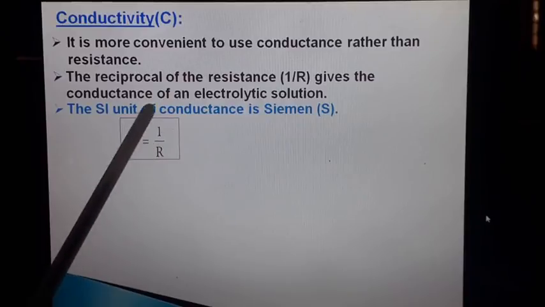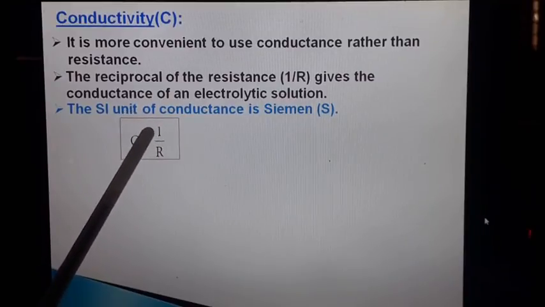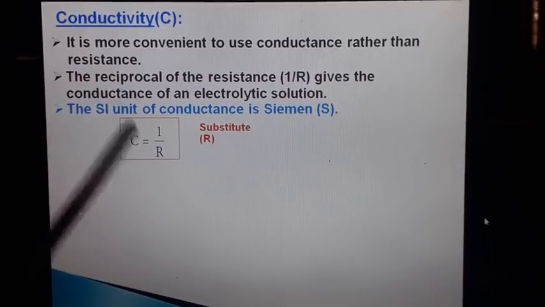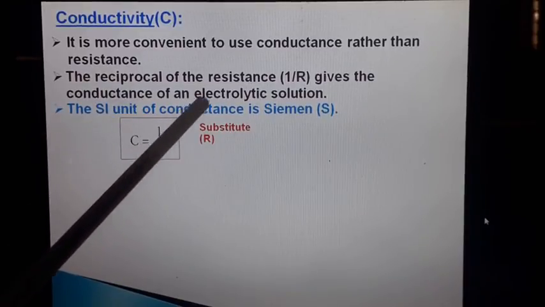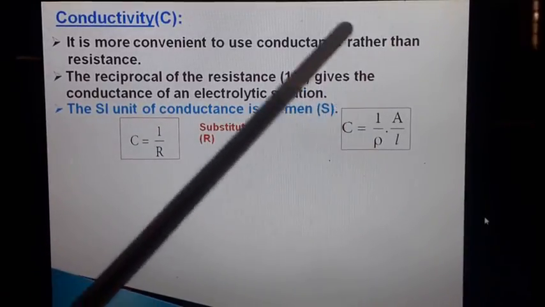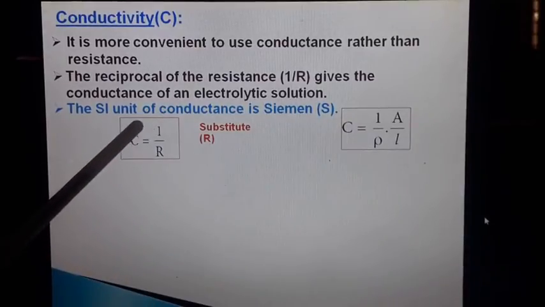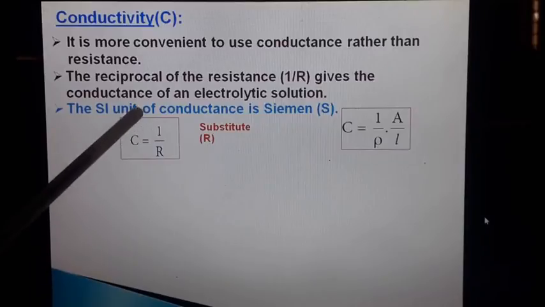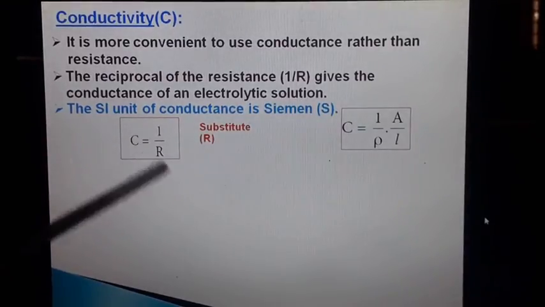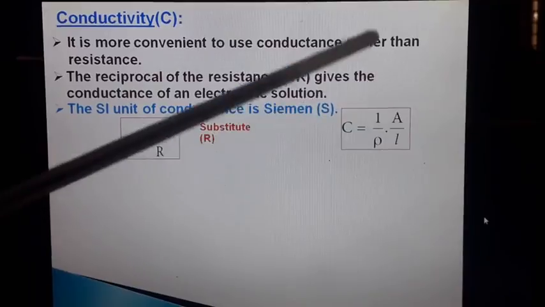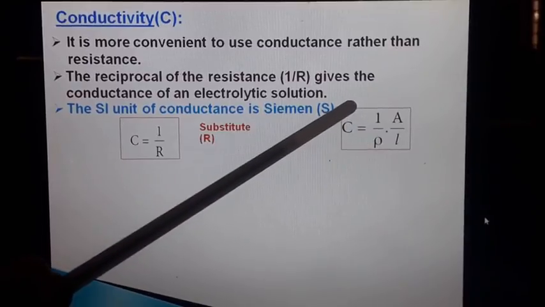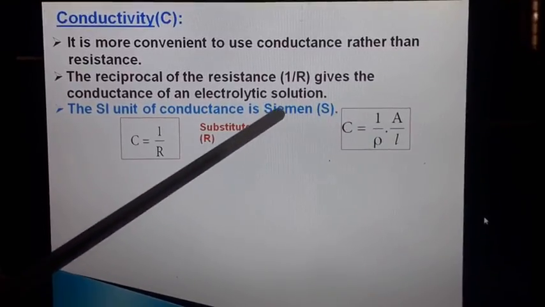C is equal to 1 by R. Now substitute the R value: C is equal to 1 by rho into L by A, since R is rho into L by A. Interchanging numerator and denominator, C is equal to 1 by rho into A by L. This is the formula for conductivity. Very, very important formula. Unit is Siemens.